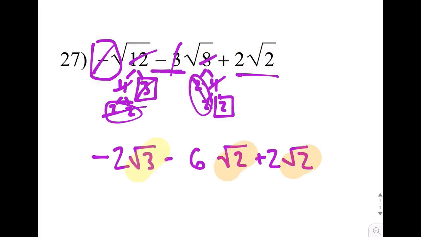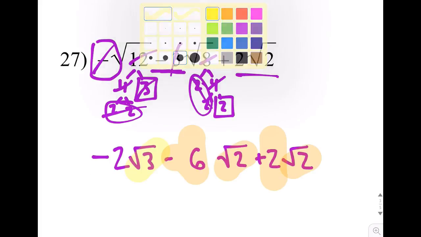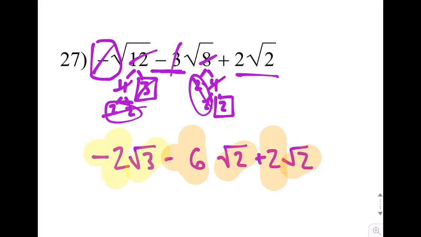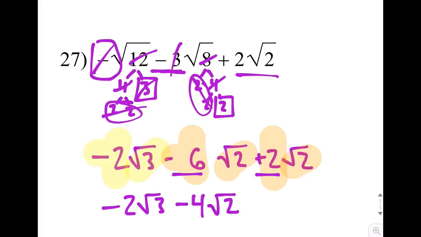So the numbers out front of those can be combined, whereas the numbers out front of the other one need to be treated separately. So I'll write out my first thing, negative 2 root 3, and then I have the negative 6 plus 2. Negative 6 plus 2 together make negative 4 common root square root of 2.